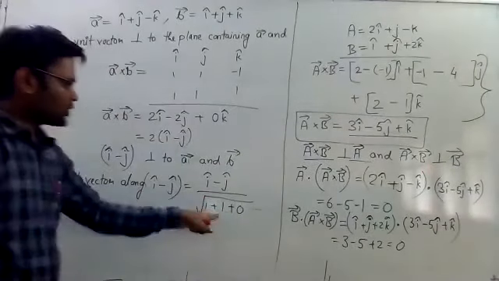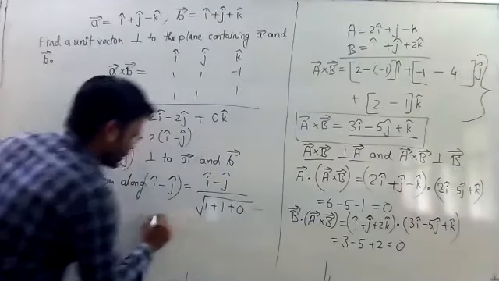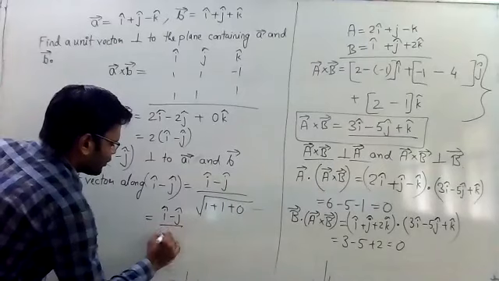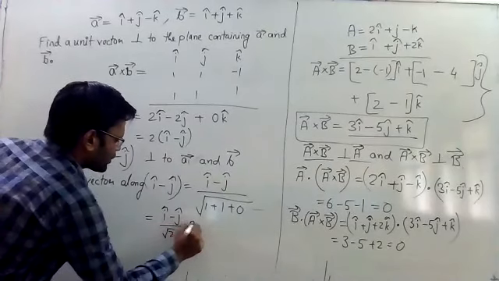So 1 square plus 1 square plus 0 square. So that is equal to i cap minus j cap by root 2, is the answer.